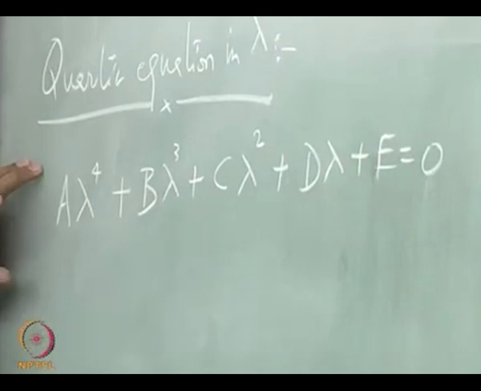For our aircraft, these coefficients A, B, C, D and E are functions of aircraft design parameters, right.